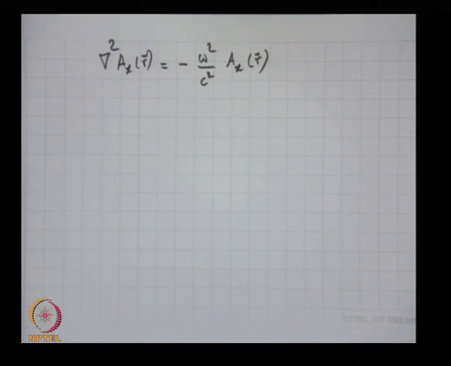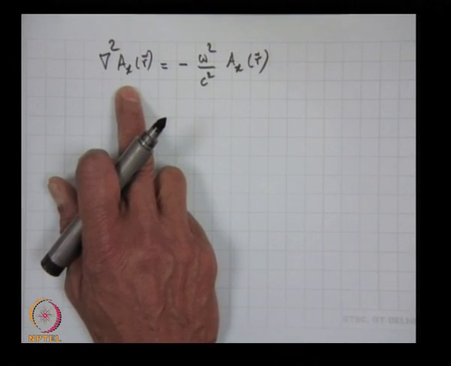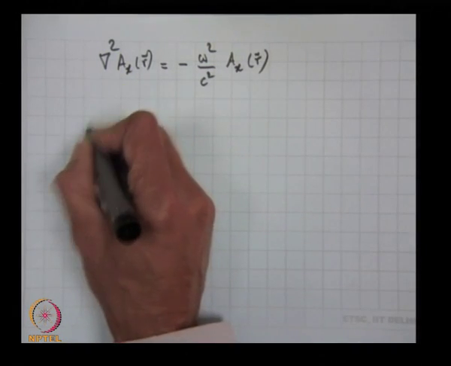How do I solve this equation? For example, again I can choose separation of variables technique. Write this as a product of an x dependence, y dependence and a z dependence. And what is the kind of solutions I will get? Plane wave solutions, for example. So what will be the solution like?